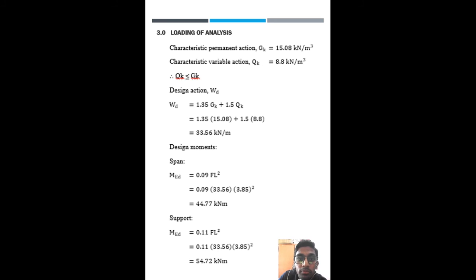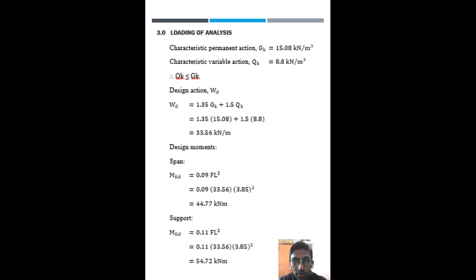Okay, for the third part is loading analysis. The first one is characteristic permanent action, GK, is 15.08 kN per meter. Characteristic variable action, QK, is 8.8 kN per meter. So our QK is less than GK. The design action WD we calculate and got 33.56 kilonewton per meter.